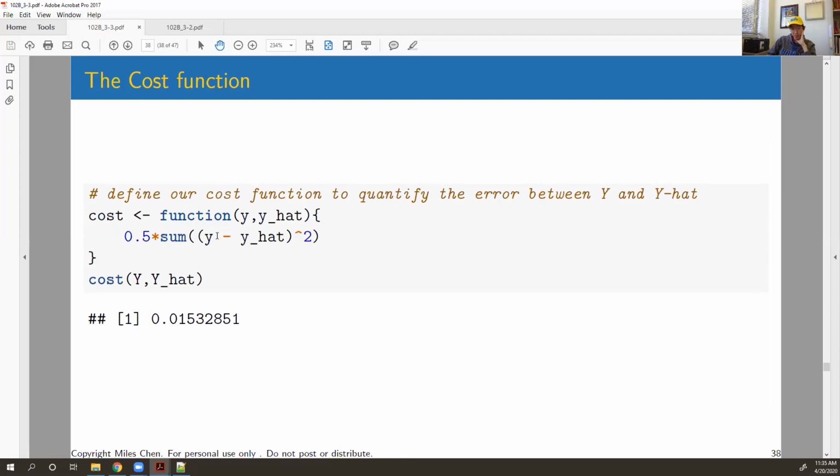Now we take the difference between Y and Y hat, square those differences, and add them up. When I do that, it tells me my current cost is 0.015, which doesn't sound like a lot, but it's actually quite a bit. Considering all of my numbers are less than 1, I'm getting a fairly significant amount of error here.